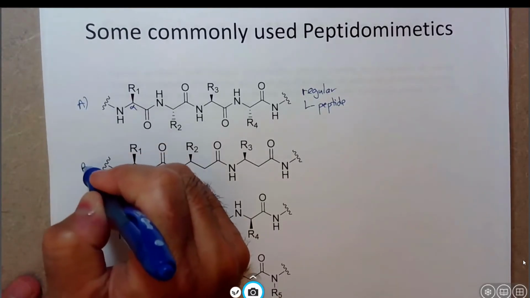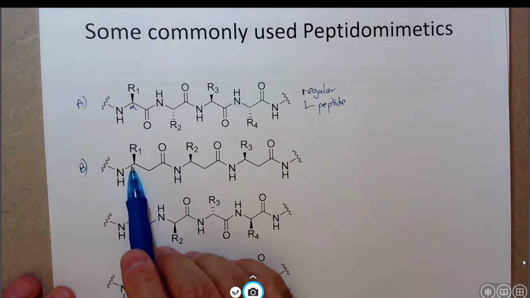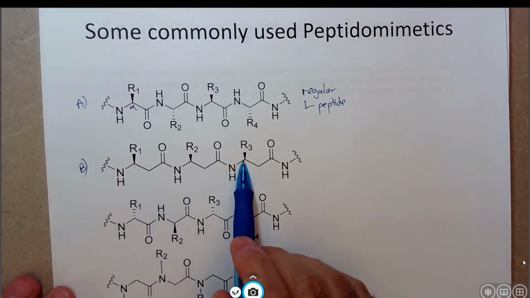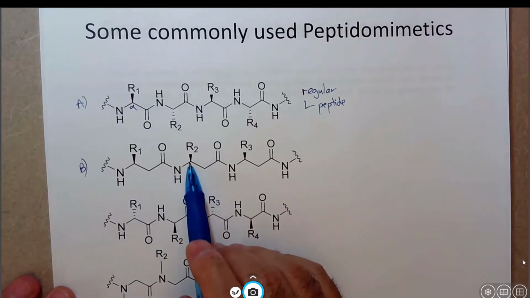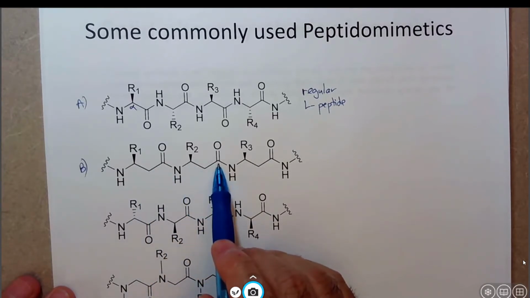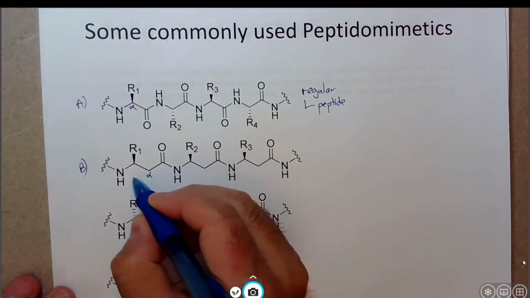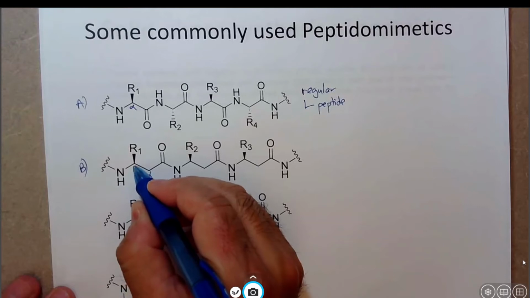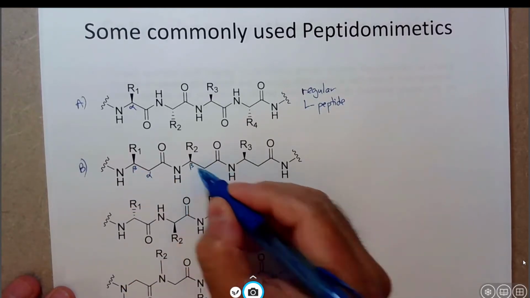If we look at structure B, you can see here that you have R groups R1, R2, R3, but you have an additional carbon between the R side chain and the carbonyl group. So if this is our alpha carbon, this is now called a beta carbon. This is alpha, beta.